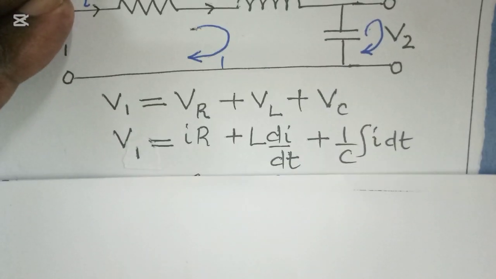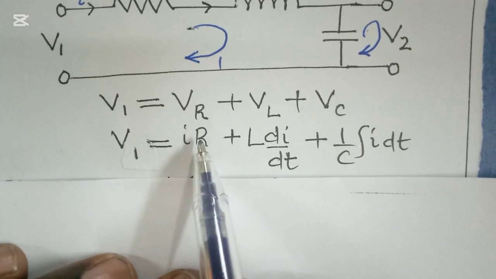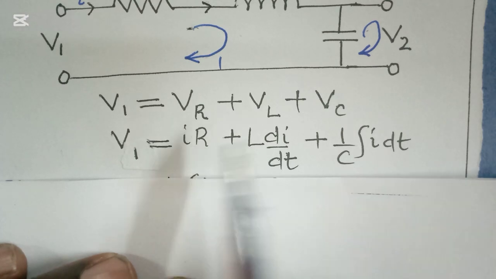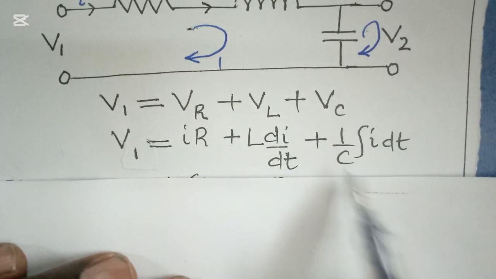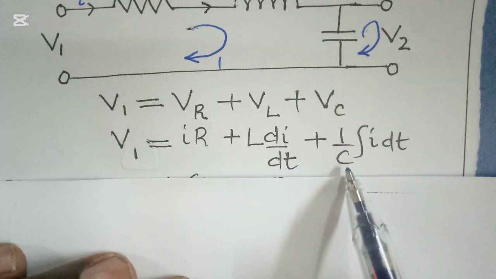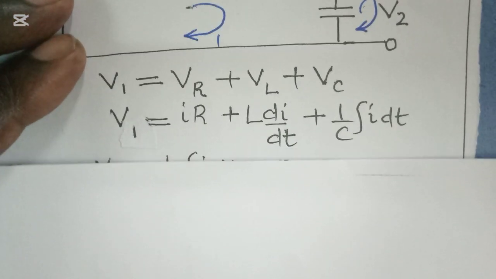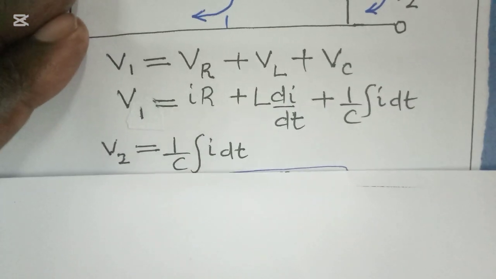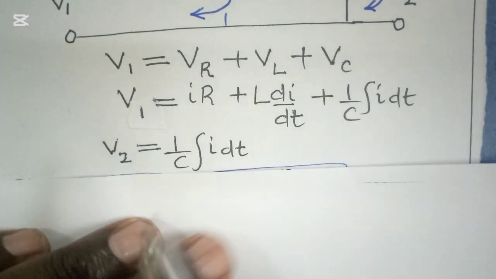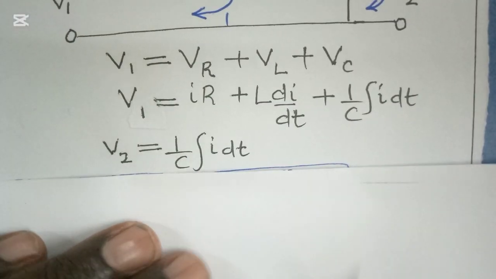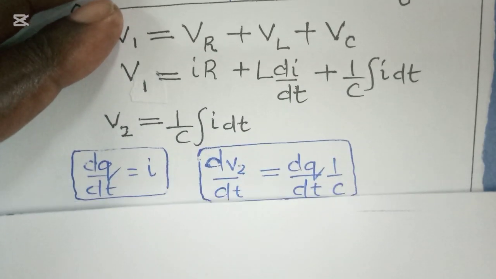Converting that, V1 equals IR across the resistance, plus L di/dt across the inductance, plus across the capacitor 1 over C integral of I dt. For V2, we have the voltage across the capacitor, which is given like that. From there, we come to this equation here.